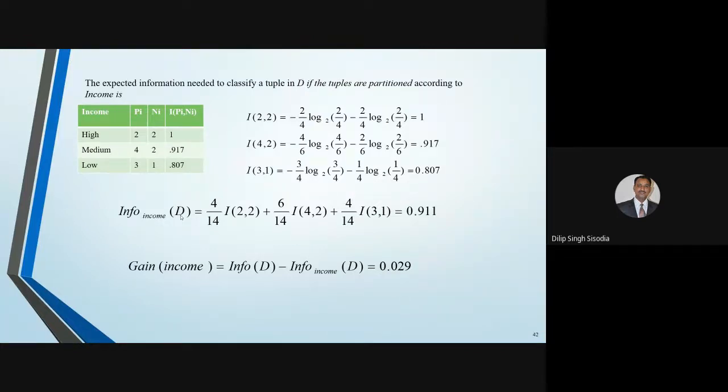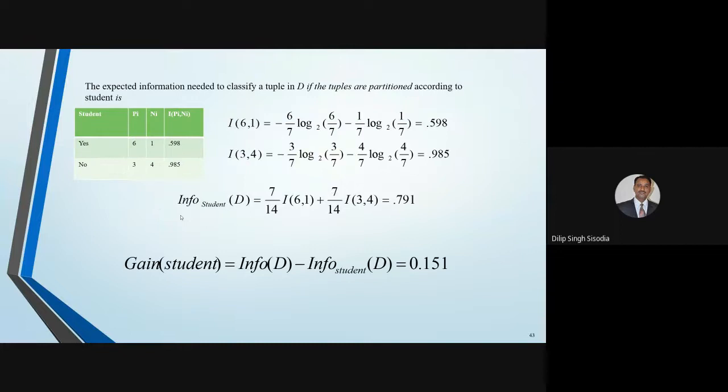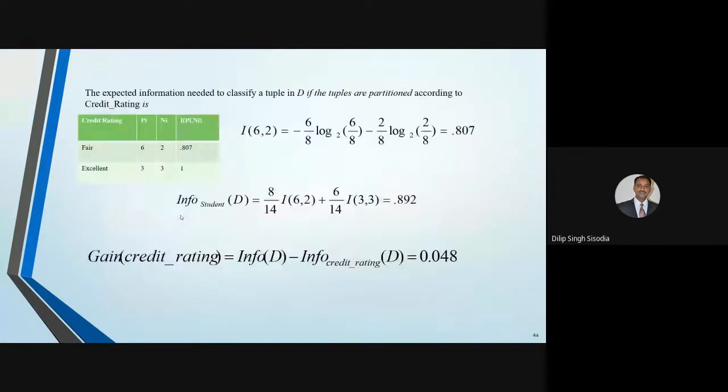Similarly for medium, there are 6 medium, 4 yes, 2 no. And 4 low, 3 yes, 1 no. In this way we'll compute the info of income, and again we'll calculate the gain of income.